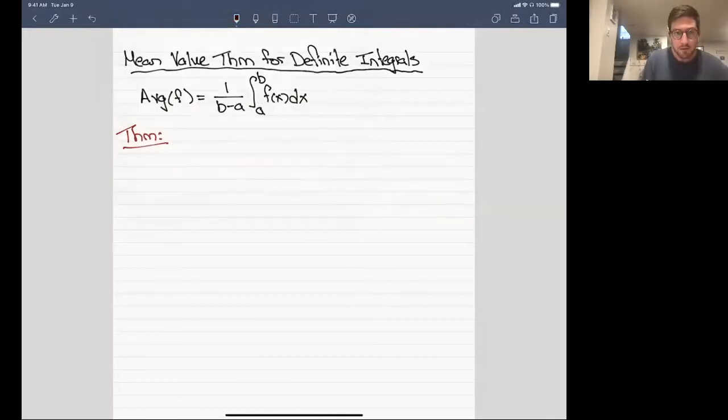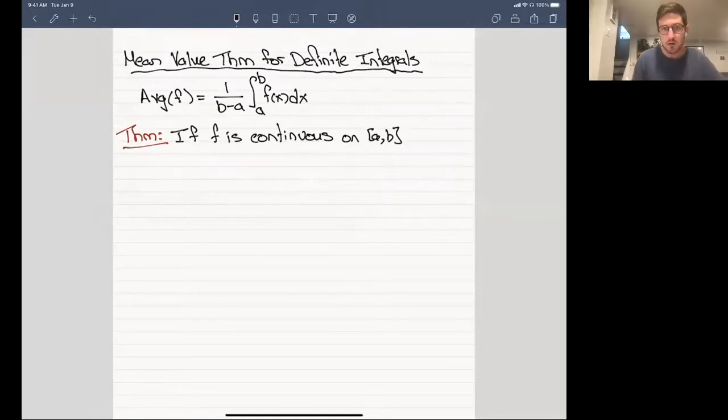We're going to assume that f is continuous, and we'll talk about why in a moment. So it's continuous over the interval a b.